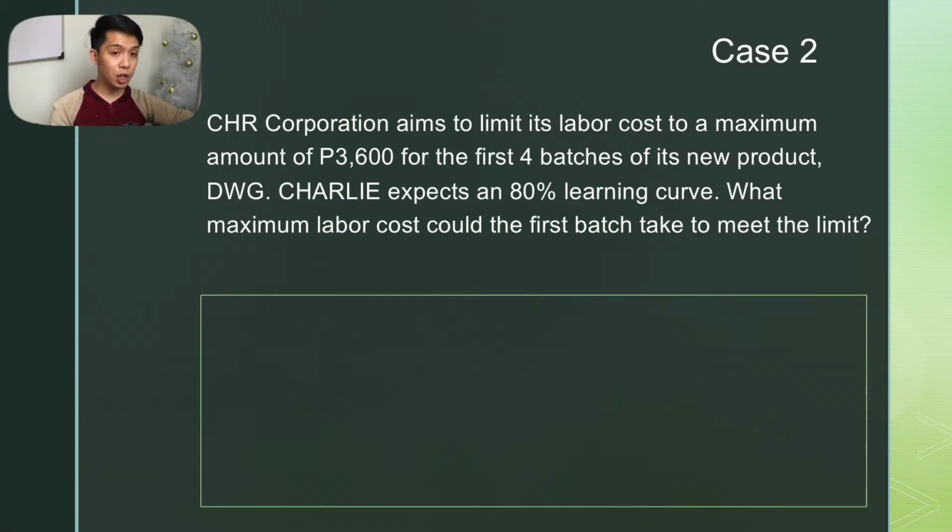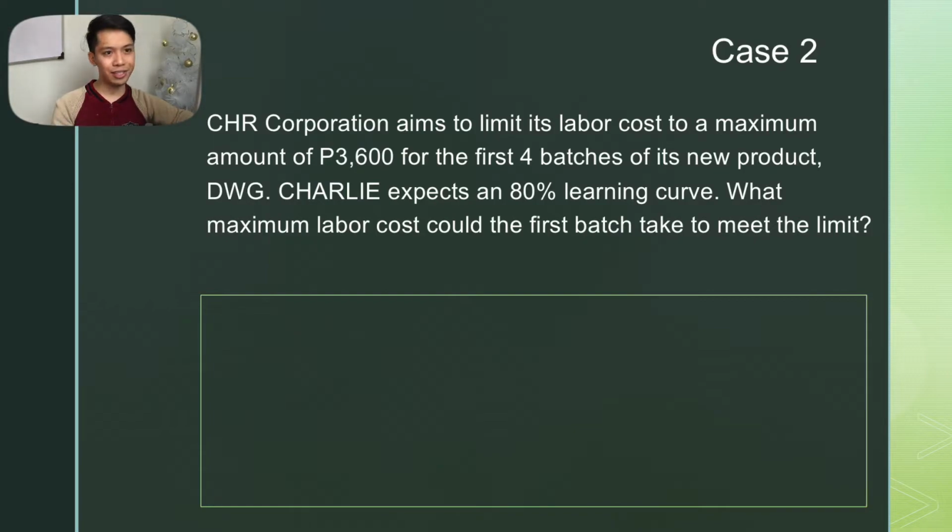Should we need to account for costs in the earlier stage of the company, or if there's a new process, a new product, the learning curve would be very material. So in this case, the first 4 batches should require a maximum of 3,600 pesos only in labor costs.